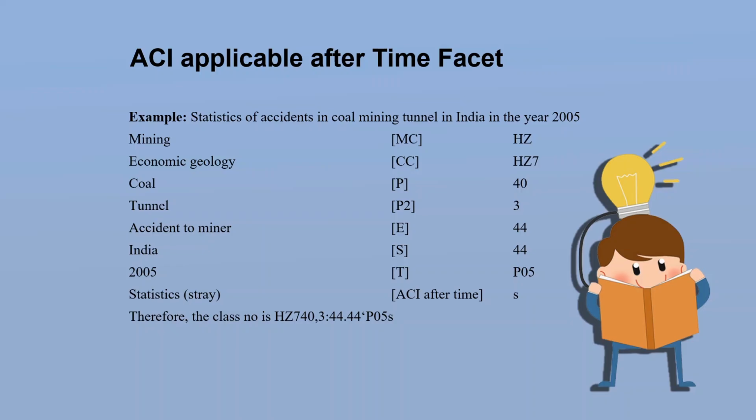So, in economic geology, we have to construct the class number up to its fullest extent. Coal will come under the personality facet, then under the second level personality facet is tunnel, then accident to the miner in the tunnel is denoted by the energy facet, where it is in space India, and in the year 2005.